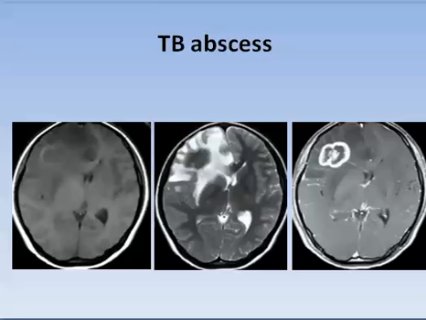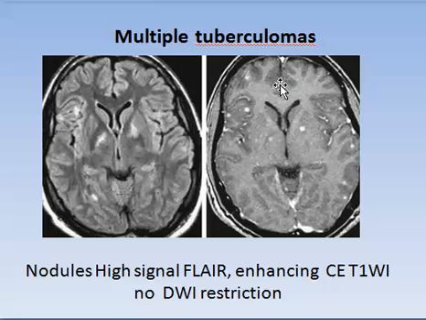Multiple tuberculomas appear as miliary shadowing, nodules of high signal in FLAIR and enhancing in contrast T1, but with no restriction. These are not abscesses.